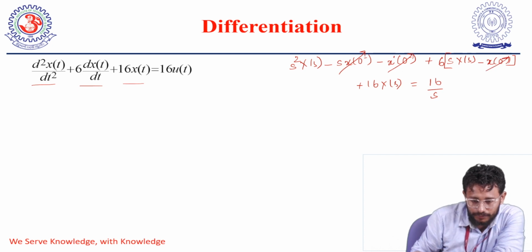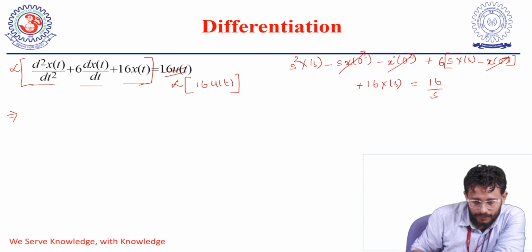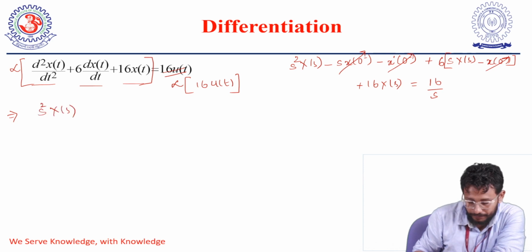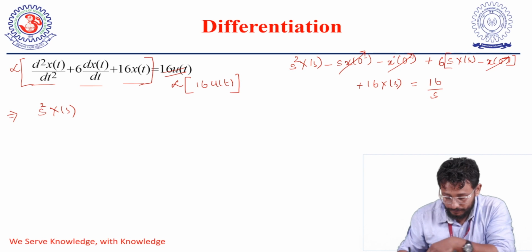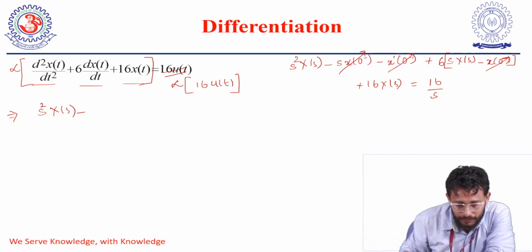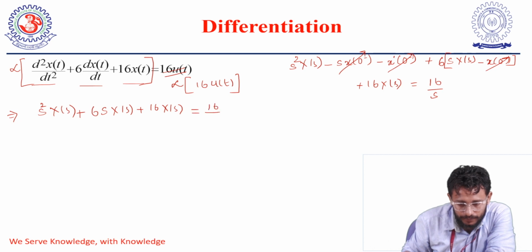So the Laplace transform of this particular expression would look like s squared x of s plus 6s x of s plus 16 x of s equals 16 over s.